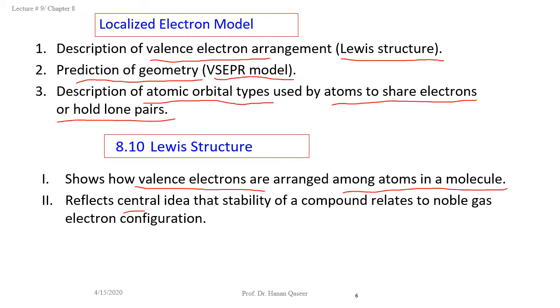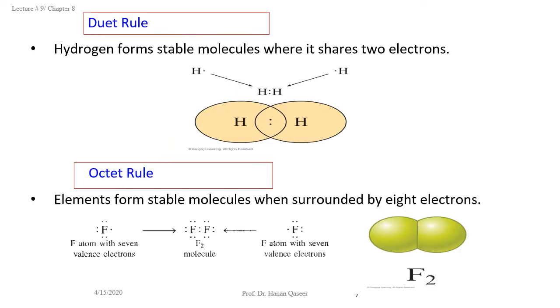And reflects central idea that stability of a compound relates to noble gas electron configuration. يعني إنه كل الذرات تسعى إلى حالة الثبات إنه يكون حولها 8 إلكترونات، طبعا ما عدا ذرة الهيدروجين 2 إلكترونز. فهي النوبل جاز ستراكشر 8 اللي هي الأوكتت رول.